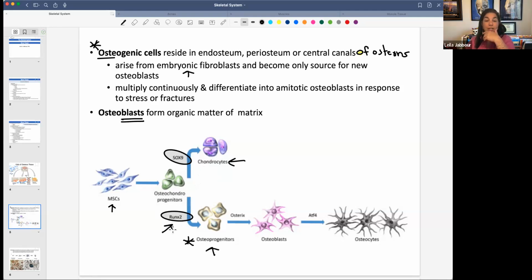So now we understand that RUNX2 is a factor that determines the pathway to becoming bone, as opposed to SOX9, a molecule that is going to drive osteochondroprogenitor cells to become chondrocytes instead of future osteoblasts and osteocytes.